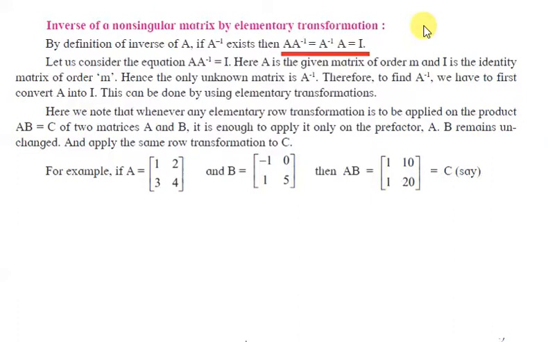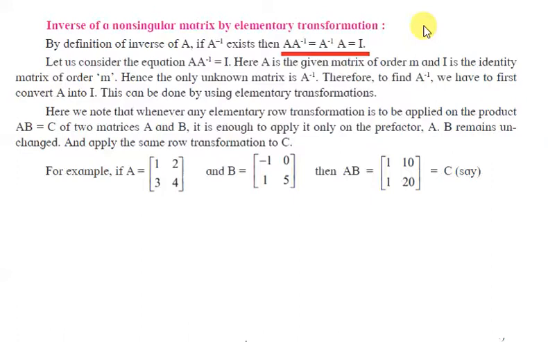Now, for using the equations A into A inverse or A inverse into A, there are two equations. These two equations depend on our choice of transformation.